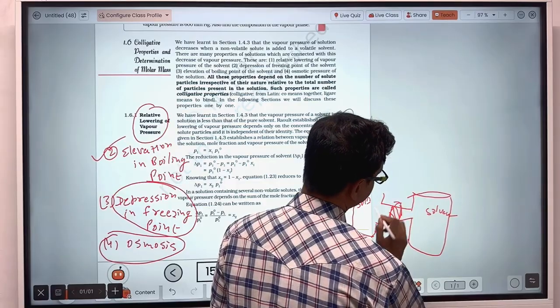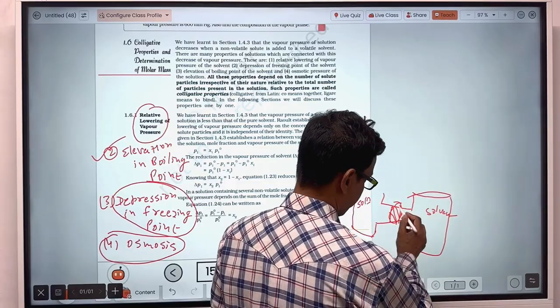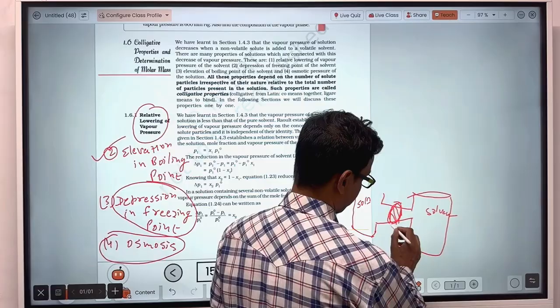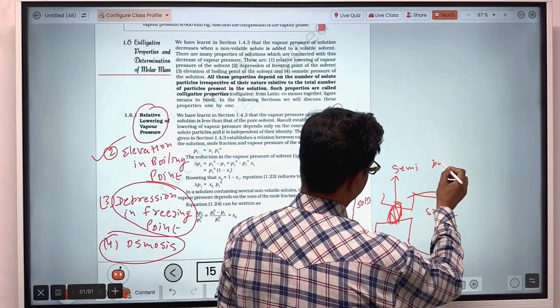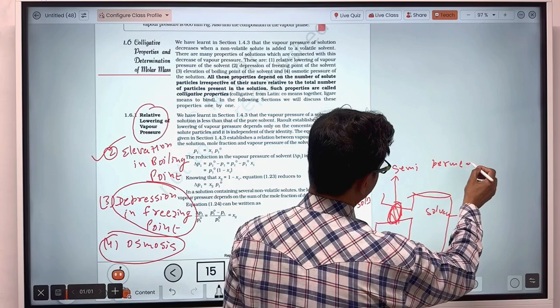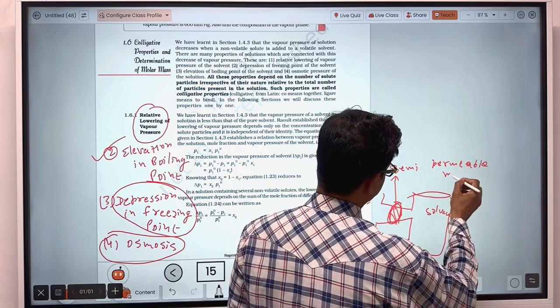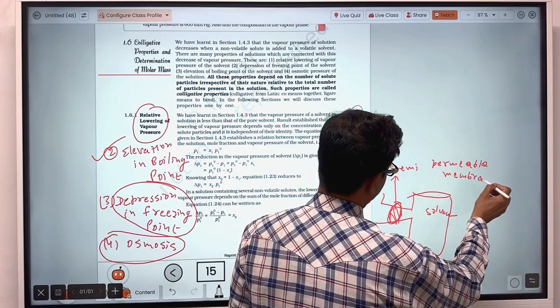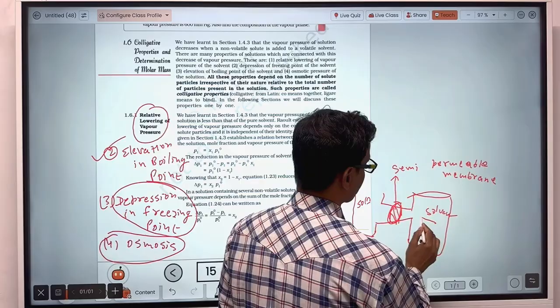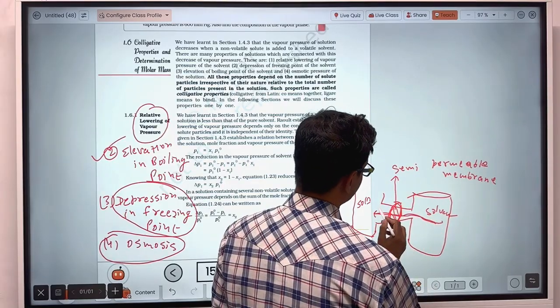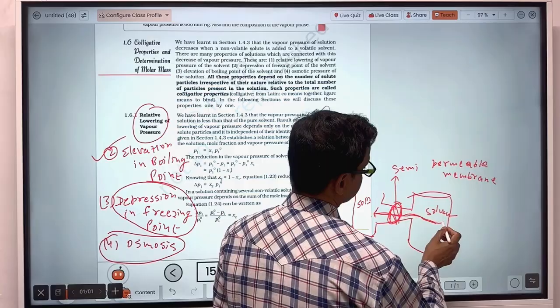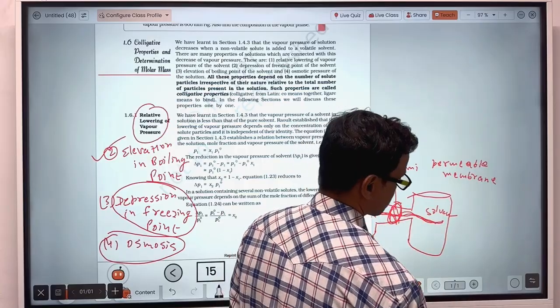Usually goat's urinary bladder or parchment membrane is taken as a semi-permeable membrane. So what happened? Solvent particles move from this pure state to this solution. This phenomenon is called osmosis.